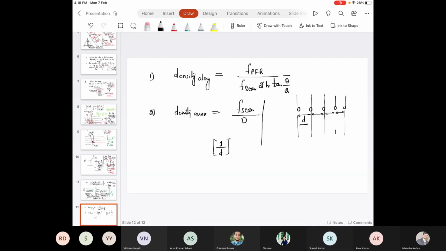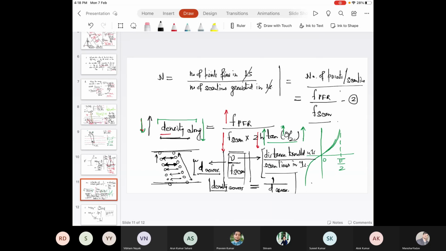So this density across, when you calculate, is 1 by d, and the d we have calculated is V divided by f scan. Fine. Let's say our interest is to have a uniform point spacing.